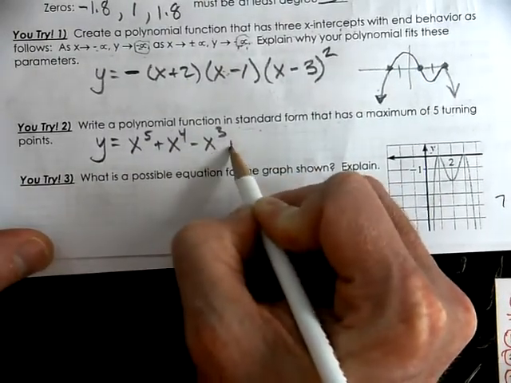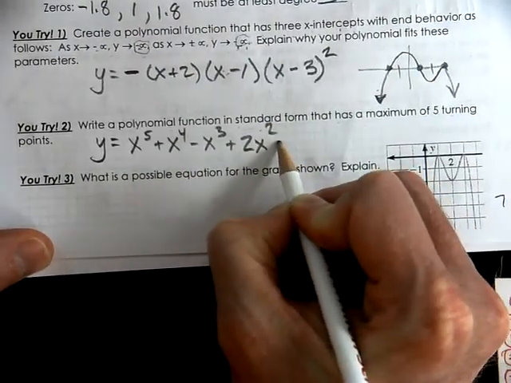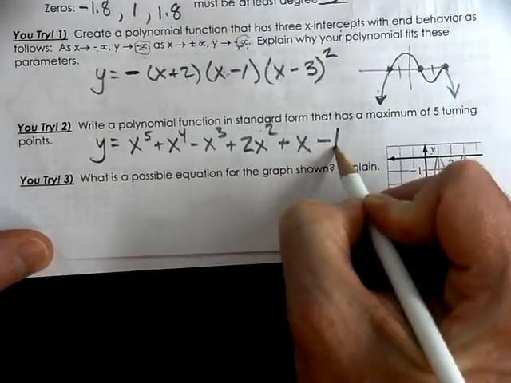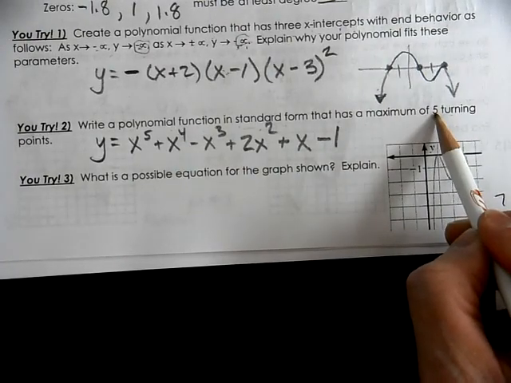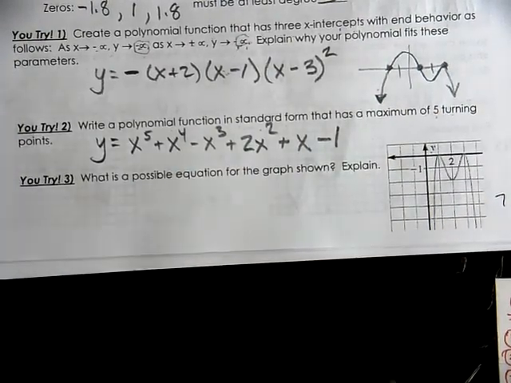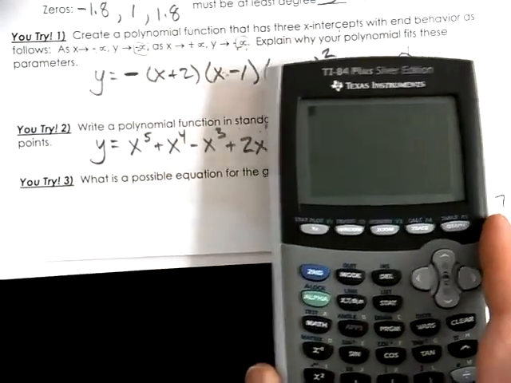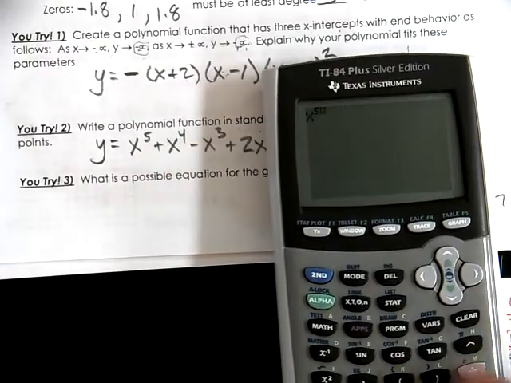Throw in some numbers if you want. 2x squared plus x minus 1. That's going to have a maximum of 5 turning points. Want to try it? Want to test it and find out what just happens? I made mine as pretty much as simple as you could.